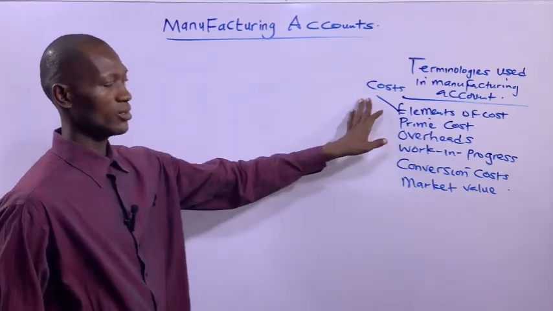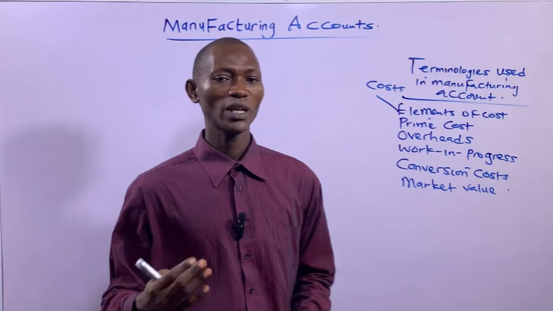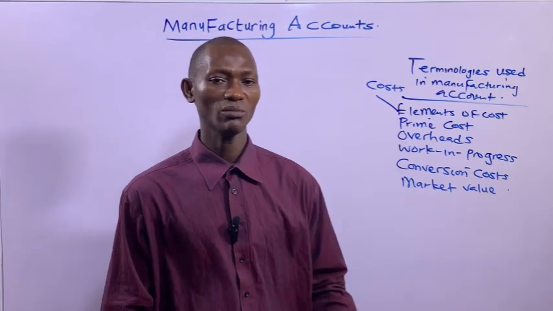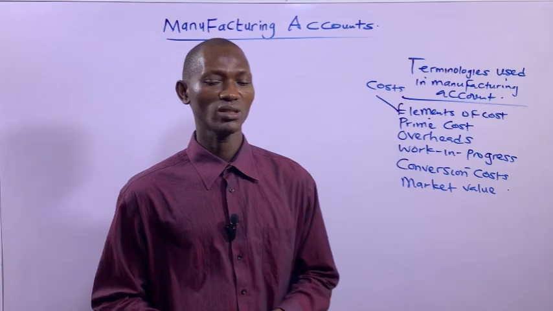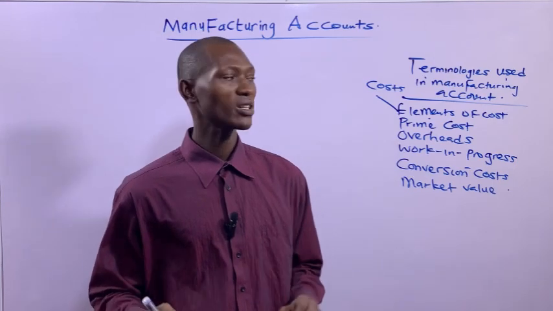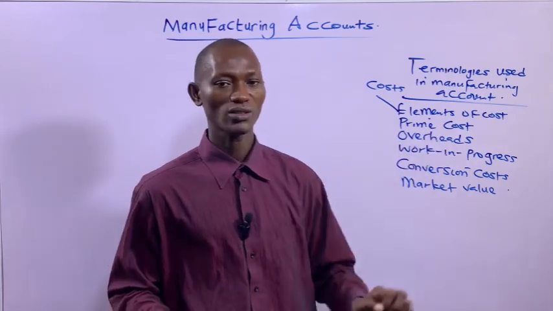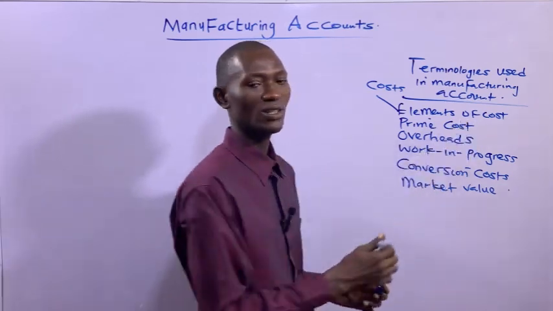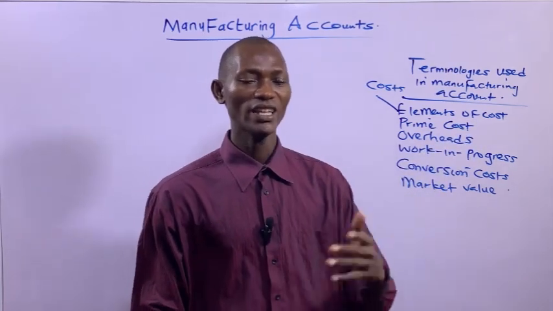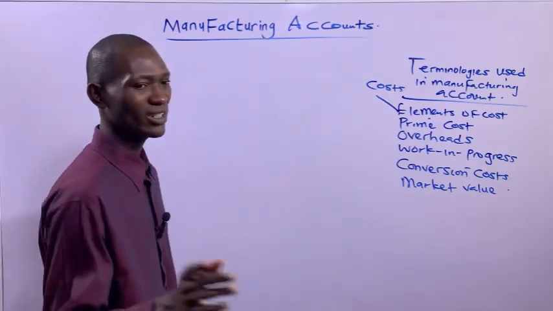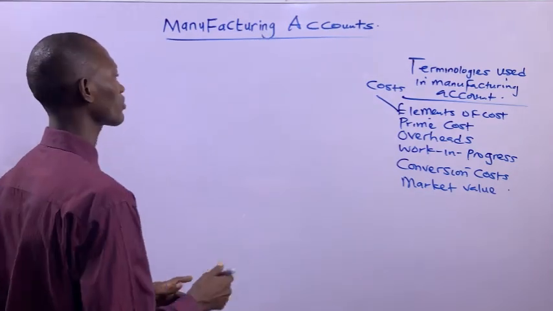So when we say costs, you have to spend costs on some items if you want to produce any particular commodity. So that will lead us to talking about elements of cost. So elements of cost are those items on which costs are incurred. So basically there are three elements of cost.